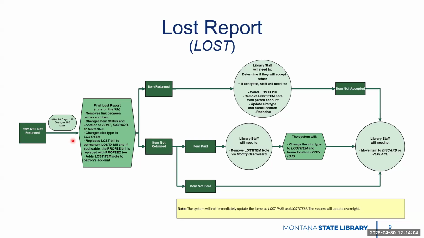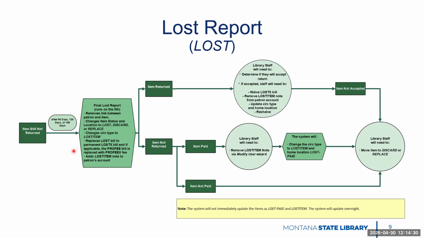On the item side, what happens is the status changes to either lost, discard, or replace. And then it changes the circulation type to lost item. For simplicity, as I go through the rest of this chart, I'm going to use just our default location of lost, but I just pointed it out here to let you know that there are options for the home location in the item status.